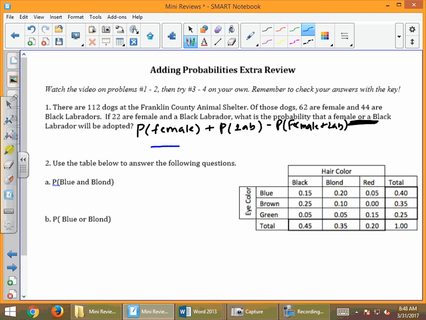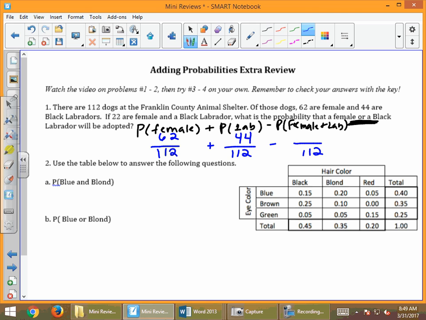Write it as a fraction, and we know there are a total of 112 dogs. So if that's the total, that's going to go in the bottom of all three fractions. And then you fill the amounts in the top. For female, there are 62. That's going to go in the top here. For a black lab, there are 44.